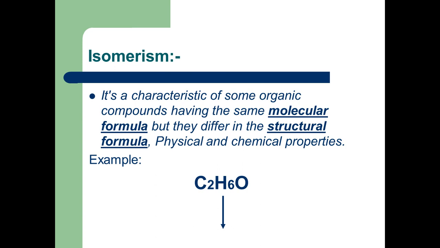Another very important point is isomerism. Isomerism is a characteristic only of organic compounds having the same molecular formula but differing in the structural formula. They also differ in physical and chemical properties. Like this chemical formula, C2H6O.